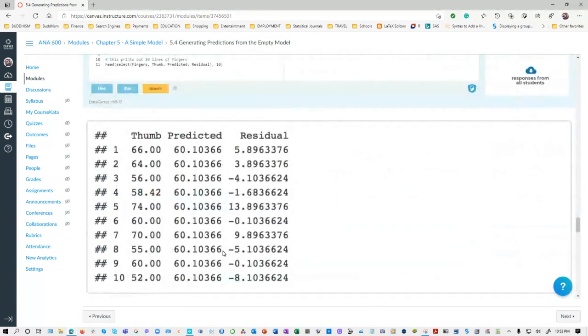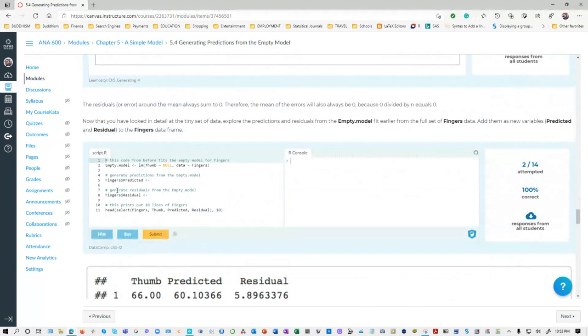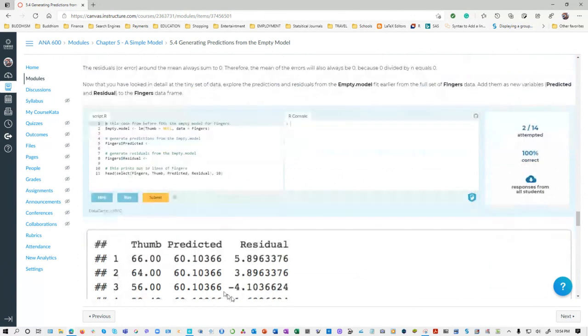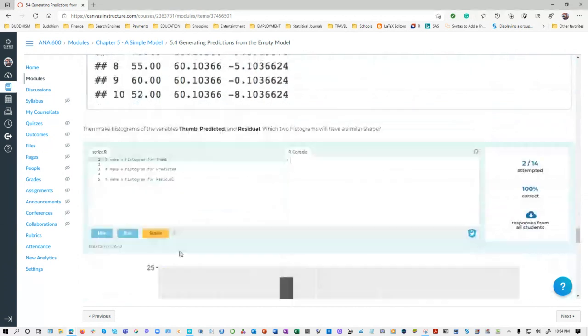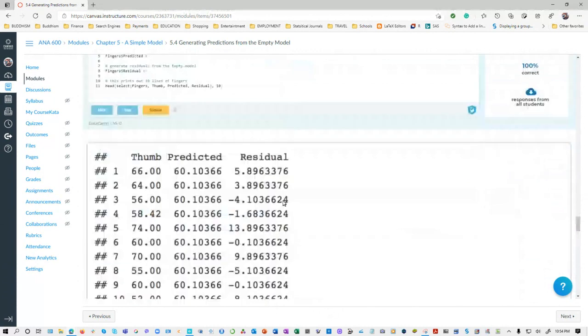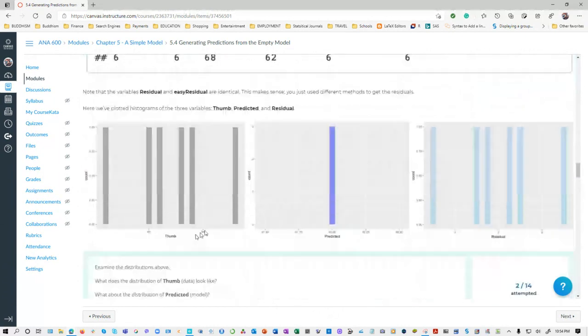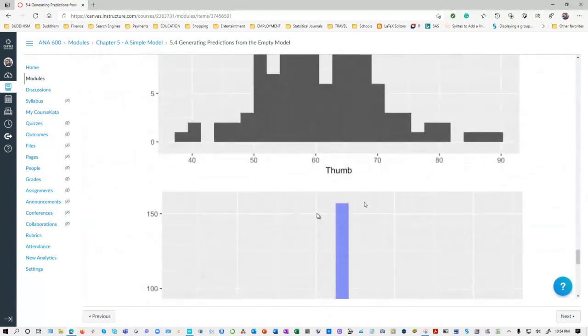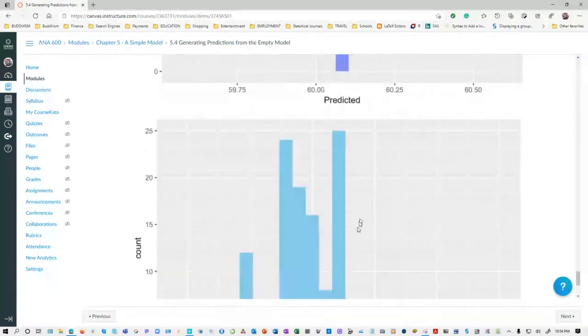In the same way, you get the empty model, then you can do the same thing with the Fingers data set rather than TinyFingers, for the whole data set. Then you can have a very full histogram, and then this one, the predicted one.